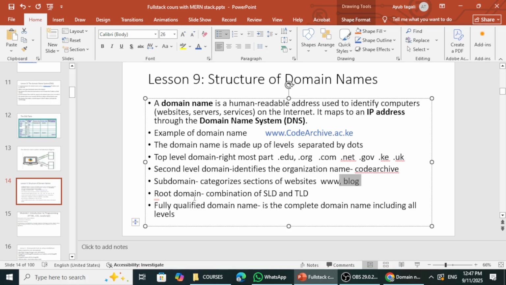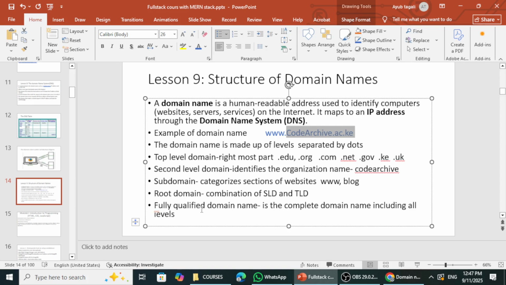Then the root domain. The root domain is the combination of the second level domain and the top level domain, so these two form the root domain.